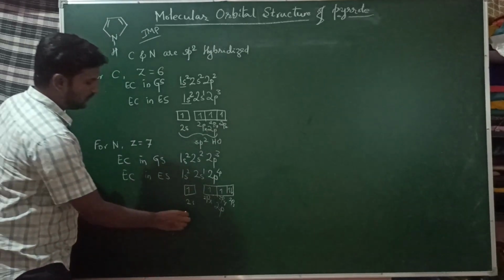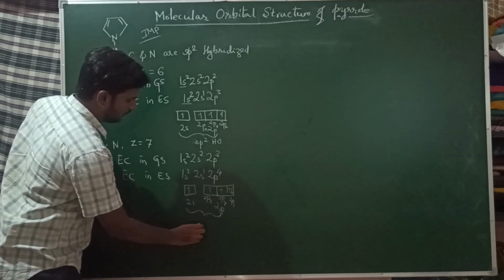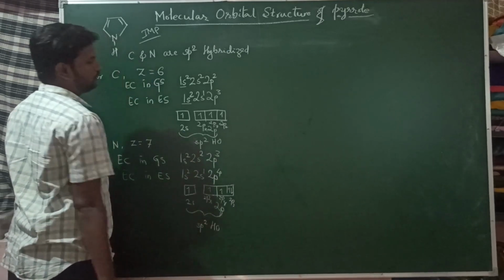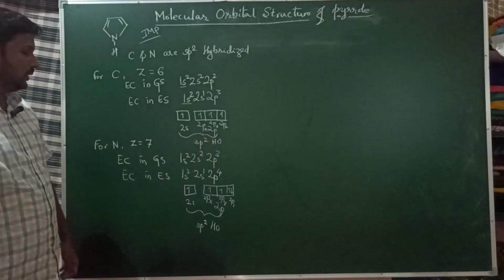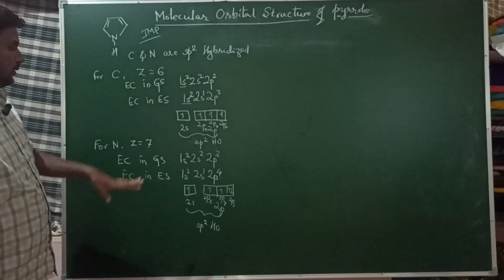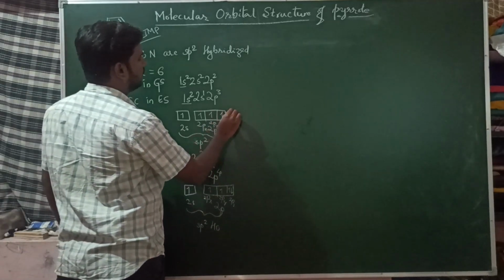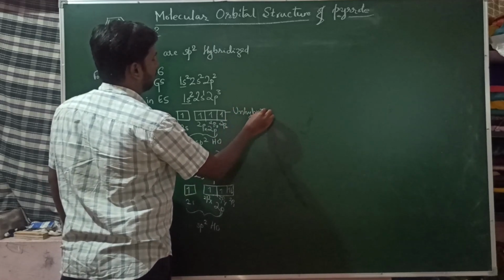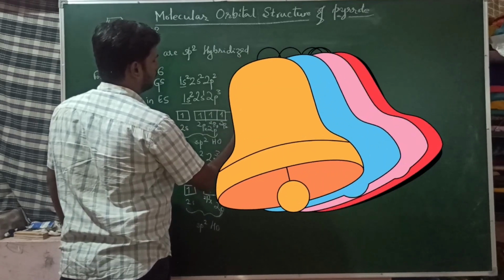Here also the same thing happens with nitrogen: one 2s and two 2p orbitals become sp2 hybrid orbitals. In both carbon and nitrogen, there is one orbital not undergoing hybridization, which is 2pz. This is an unhybridized p orbital.